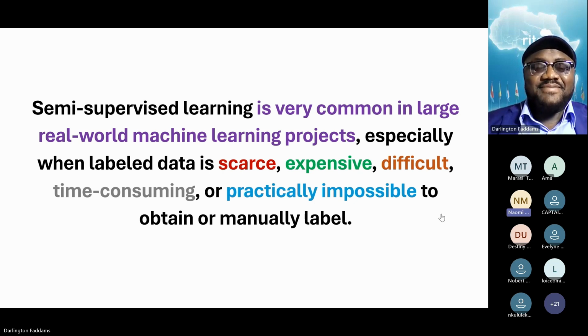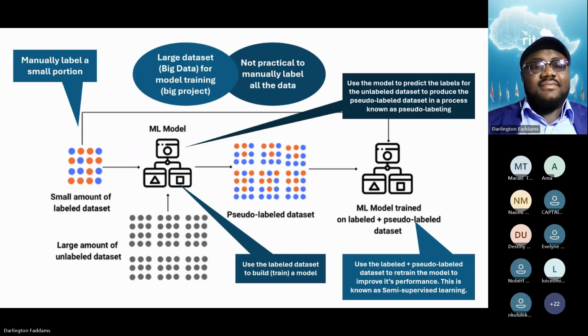Okay, from my understanding, semi-supervised learning is the most commonly used in real-world ML processes, and it becomes useful when the labeled data is scarce, expensive, difficult, or impossible to obtain by manual labeling. So you'll find that you have a small amount of labeled data, combined with a large amount of unlabeled data, which you give to the ML model, and it gives us a pseudo-labeled data set.